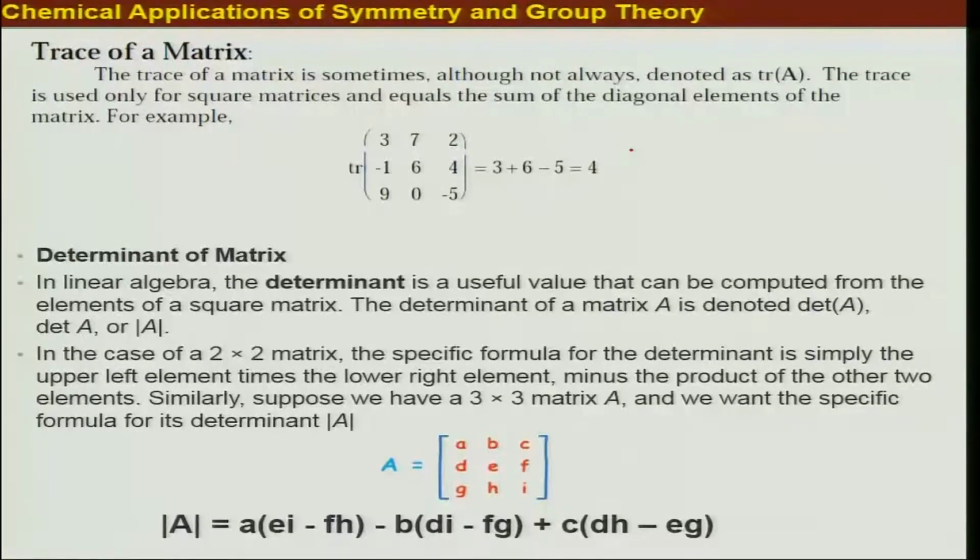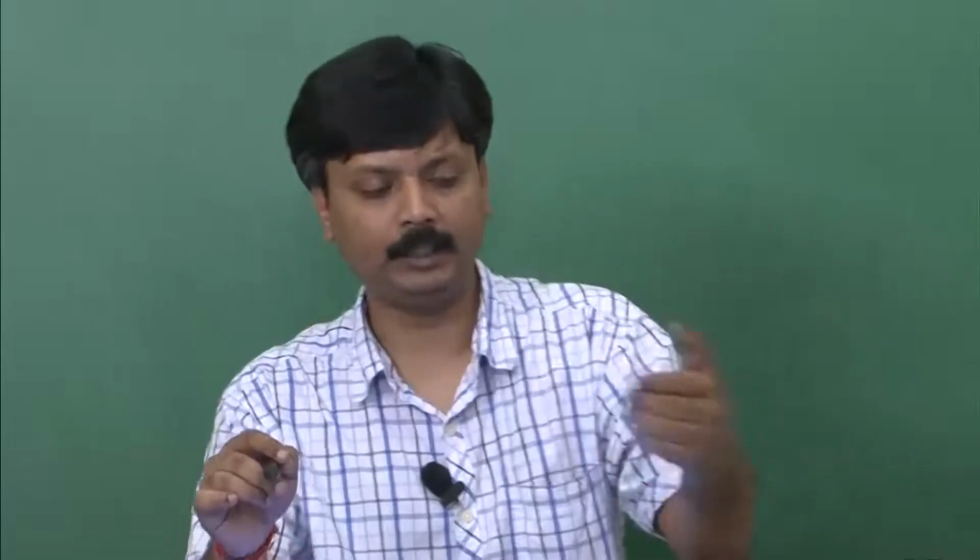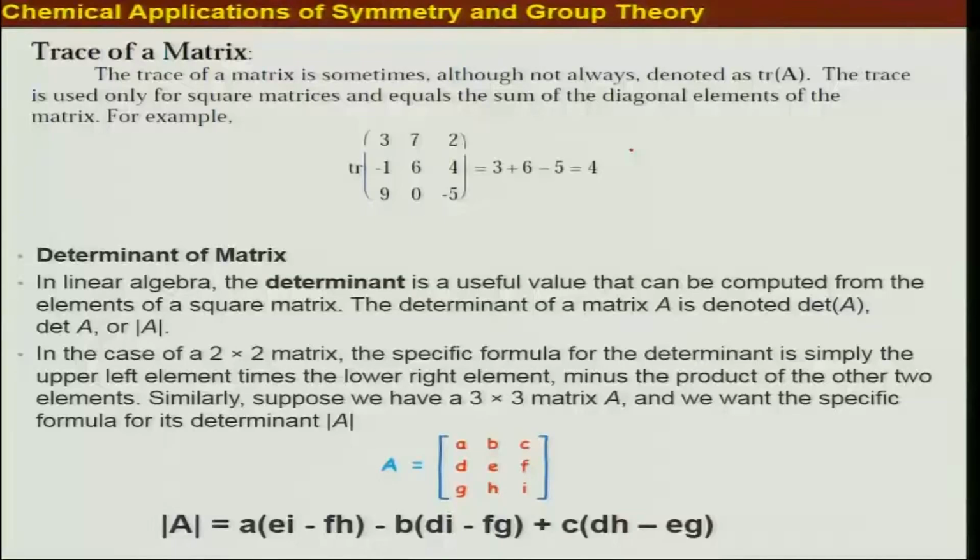Now, before we go to the representation of a group using matrix, we will learn a couple of more things. One is the trace of a matrix. This is something which you will be using throughout the course henceforth, once we go to the representation. So the trace of a matrix is the sum of the diagonal elements of the matrix.